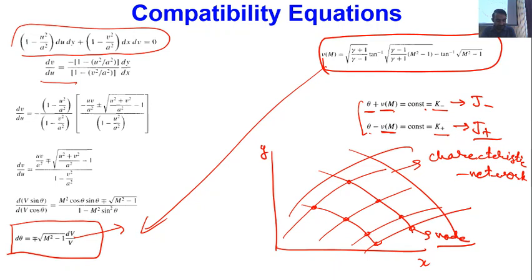Along these directions you can apply the individual equations which are applicable. These are ordinary differential equations, and you can solve them and know the flow field at all these node points. So the benefit is that if you choose these special directions, you get your node points in the flow field, and along these directions you only have to solve ordinary differential equations, whose solution is quite easy in comparison to the solution of partial differential equations.